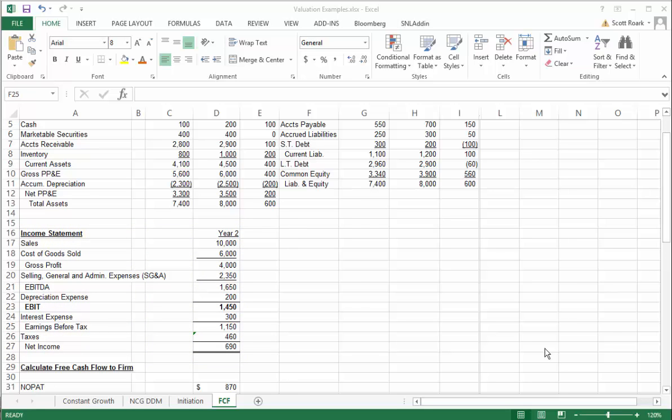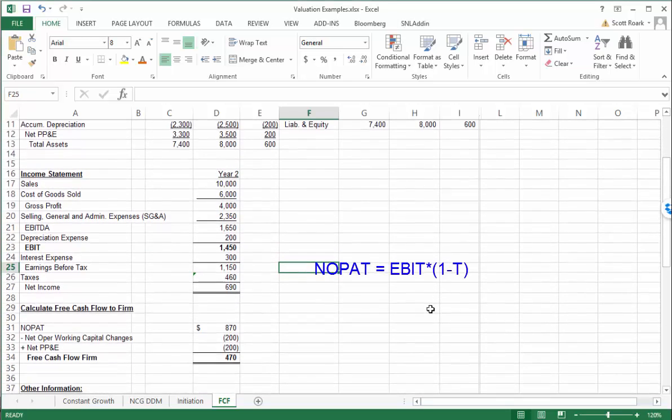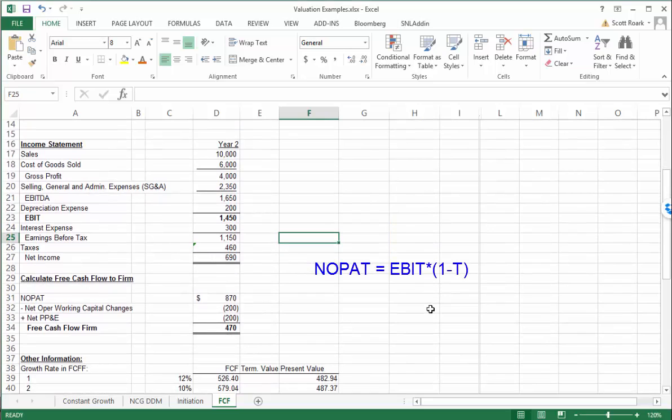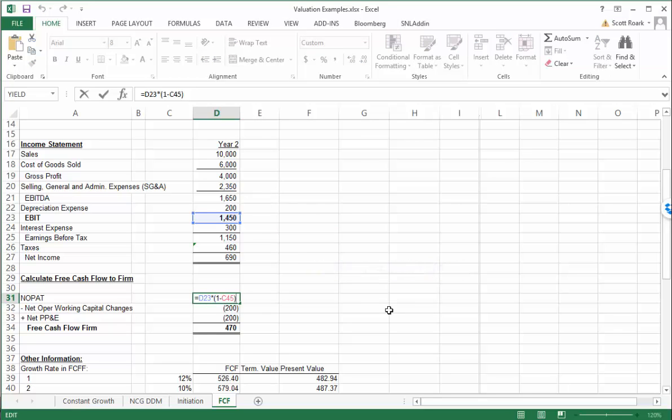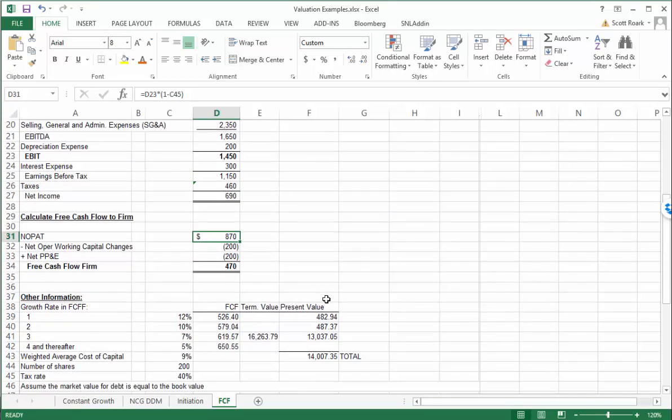But what we're concerned with to come up with free cash flow is to look at NOPAT, which is equal to EBIT times 1 minus the tax rate. So let's move down in our spreadsheet a little bit and come up with the free cash flow calculation. The NOPAT is going to be equal to the EBIT times 1 minus the tax rate. The tax rate, by the way, is given down a little bit further.